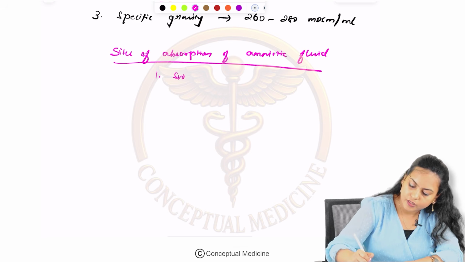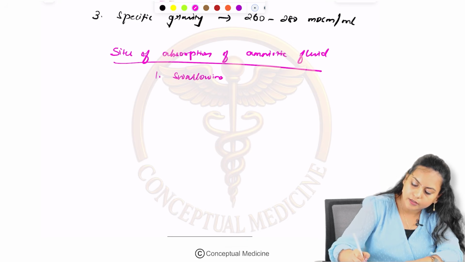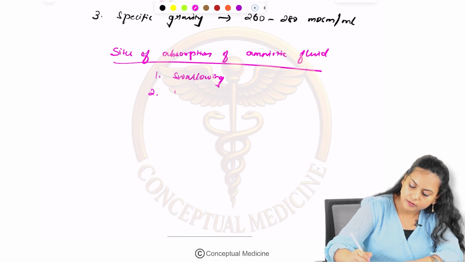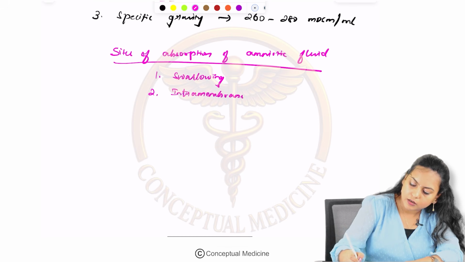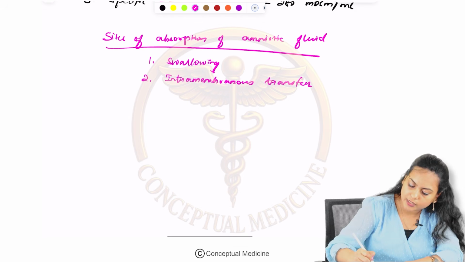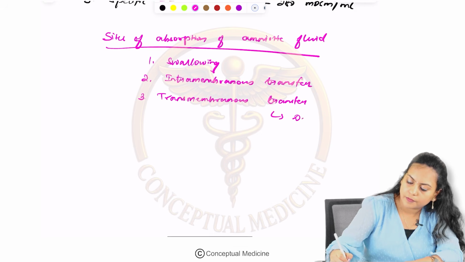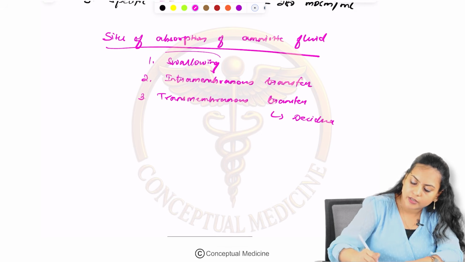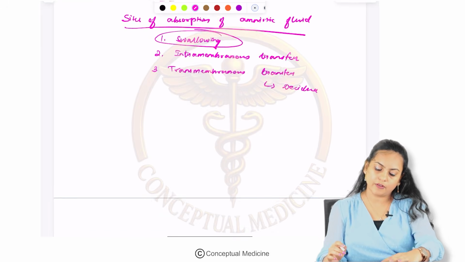Basically, it is removed by swallowing, then intramembranous transfer across the fetal membranes, and then transmembranous transfer across the decidua. Okay. Swallowing is the main mode of removal of amniotic fluid.